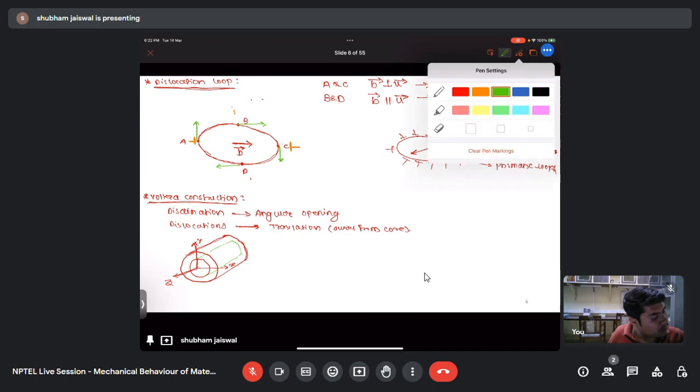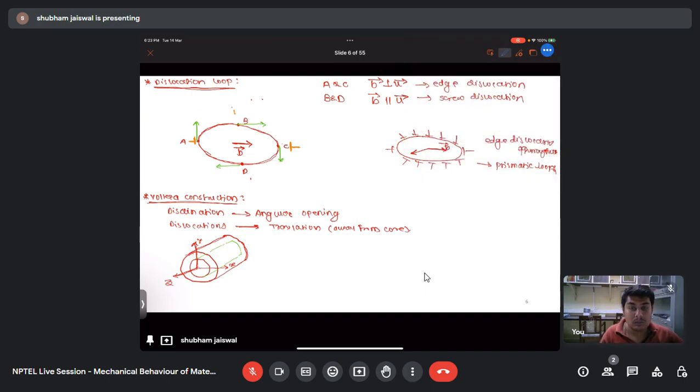Suppose I cut this cylinder from this blue place and stick it together, and then move it slightly in the y direction. So what will I get? I will get a structure something like this.